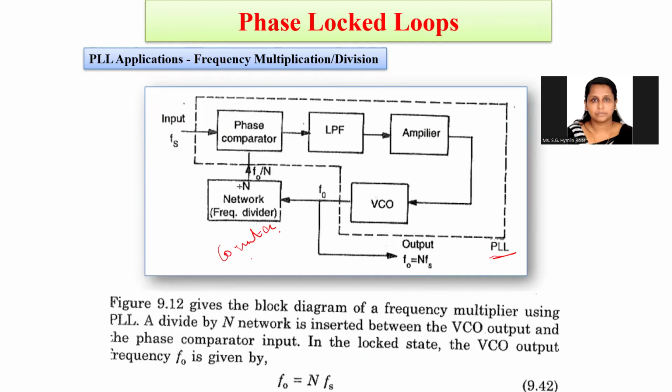The counter value decides the factor N. So N should be carefully decided, as the divide-by-N network is inserted between the VCO output and the phase comparator input. The VCO output is F0 equal to N into Fs. So the multiplication factor can be obtained by selecting a proper scaling factor N of the counter.